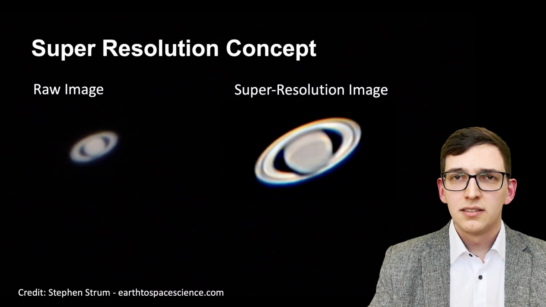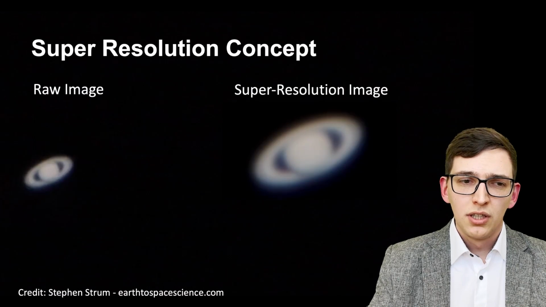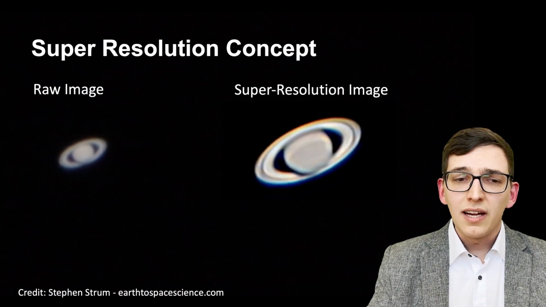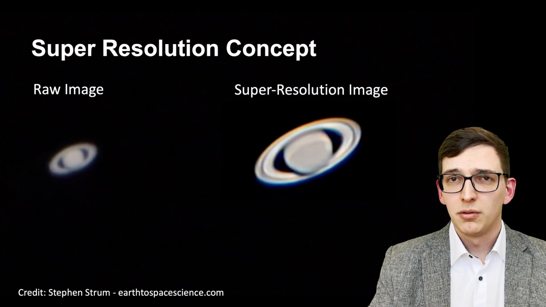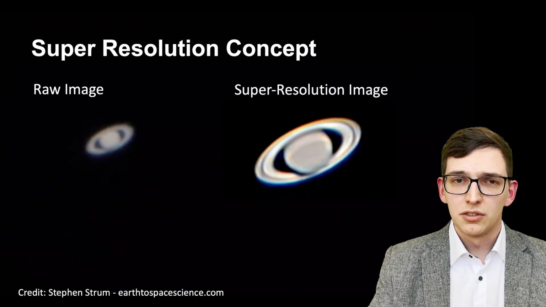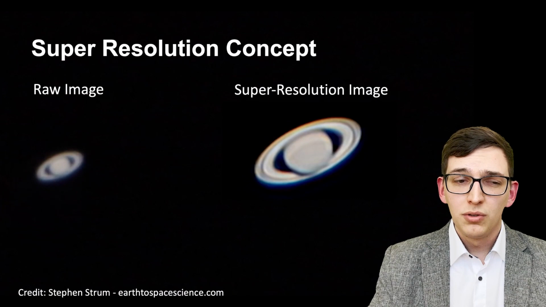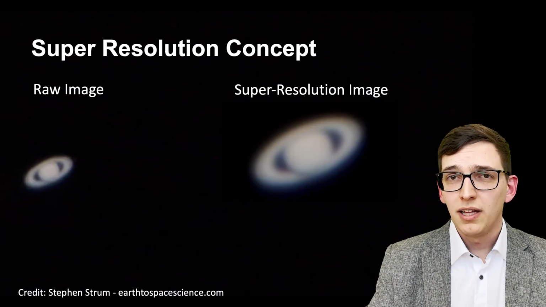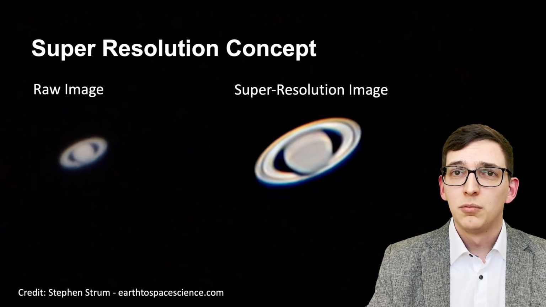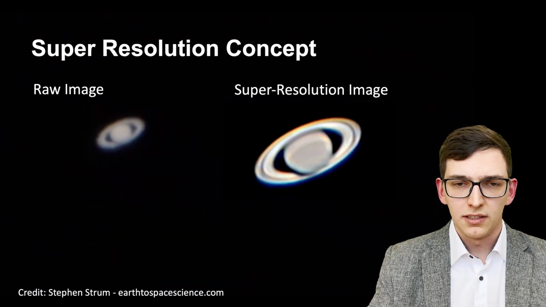The idea is taking multiple raw images, then stacking, combining and upscaling them in order to retrieve information from all of the images combined, to then have a super-resolved image, which you can see here for the planet on the right side, while seeing multiple raw images on the left side.